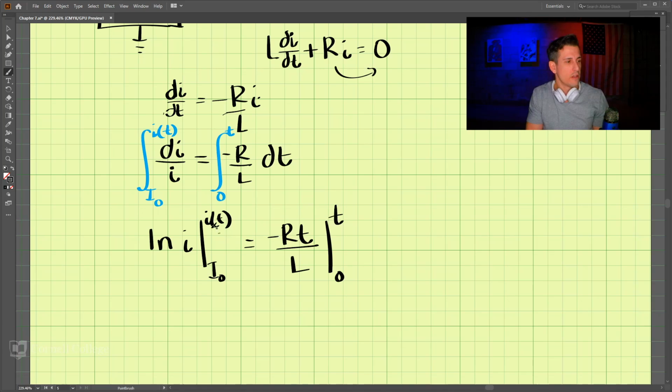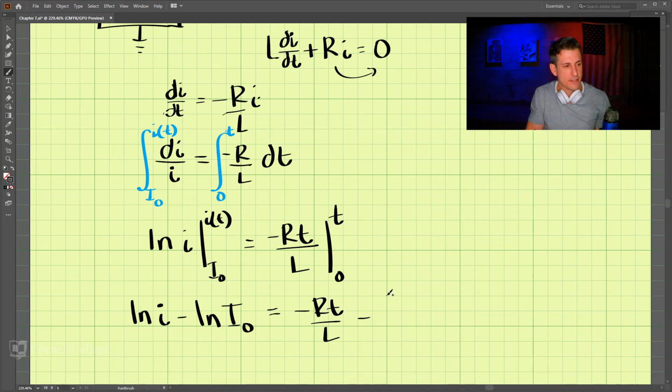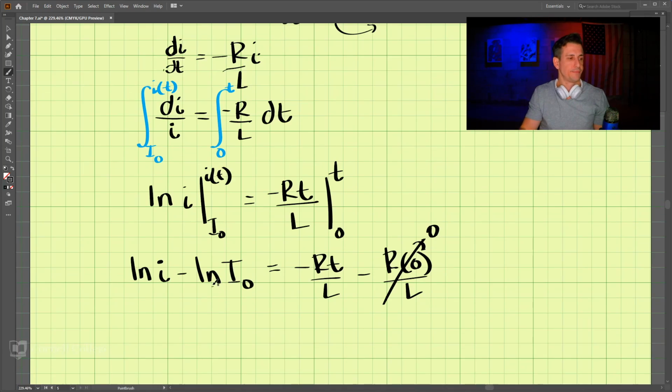This left-hand side becomes natural log of I minus the natural log of I naught. And the right-hand side becomes negative R times t over L minus R times 0 over L. So this term is 0.